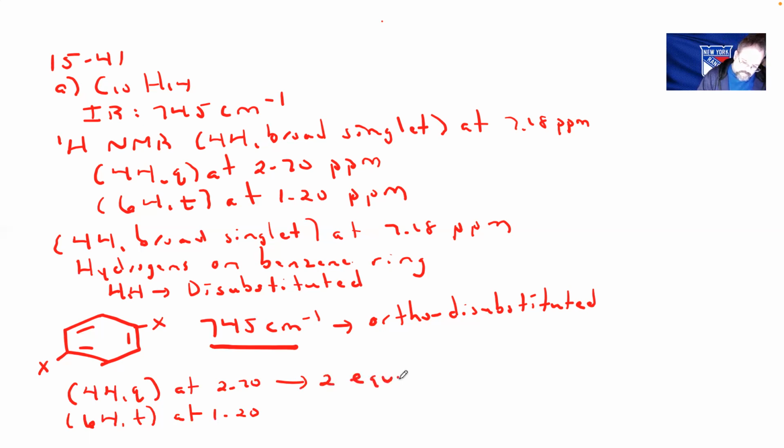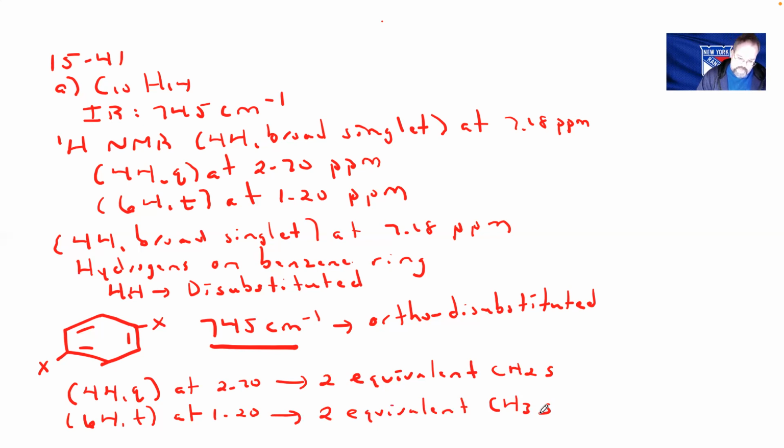So the only possibility is 2 equivalent CH2s. That takes us from 6 carbons to 8 carbons. So there are only 2 carbons left and 6 hydrogens. Well, if we have 2 carbons left and 6 hydrogens, most likely that means that we have 2 equivalent CH3s. It can't be 6 equivalent CHs, it can't be 3 equivalent CH2s; it has to be 2 equivalent CH3s.